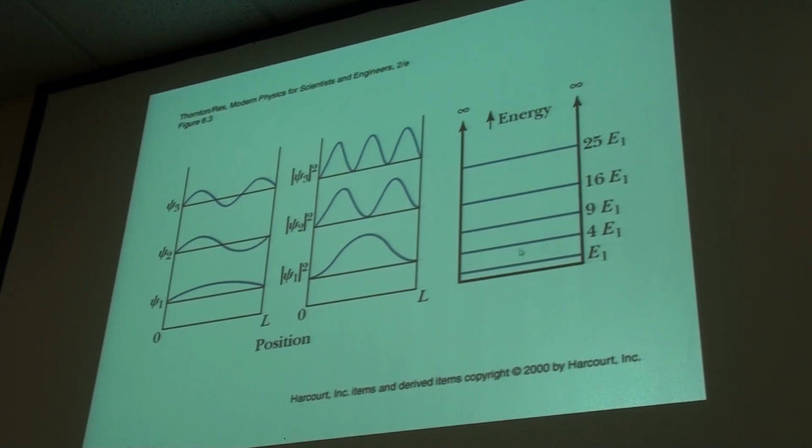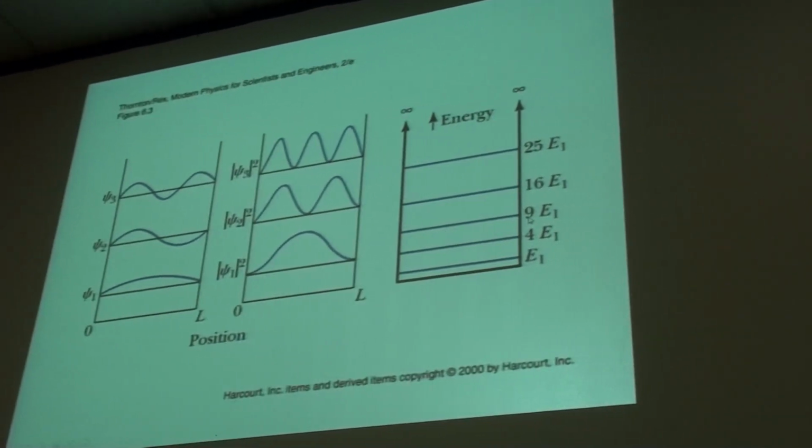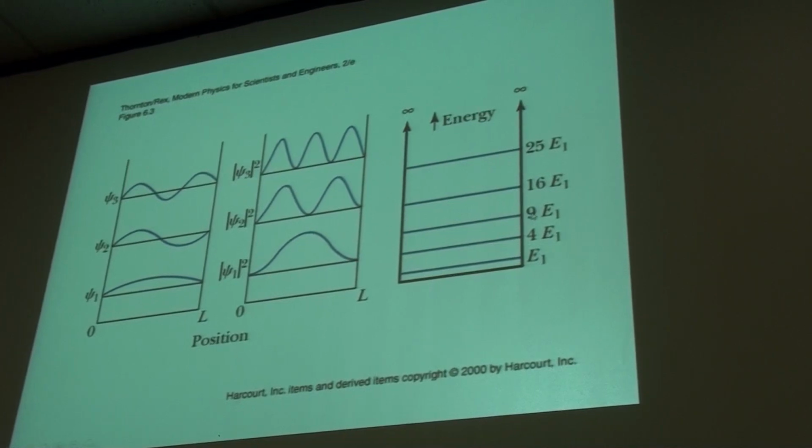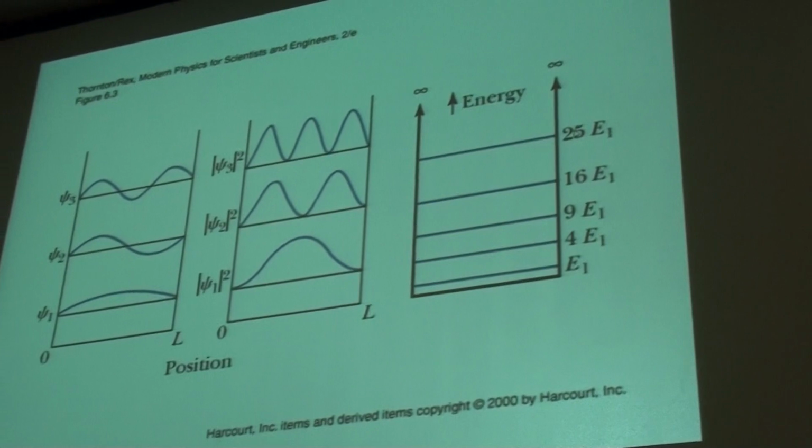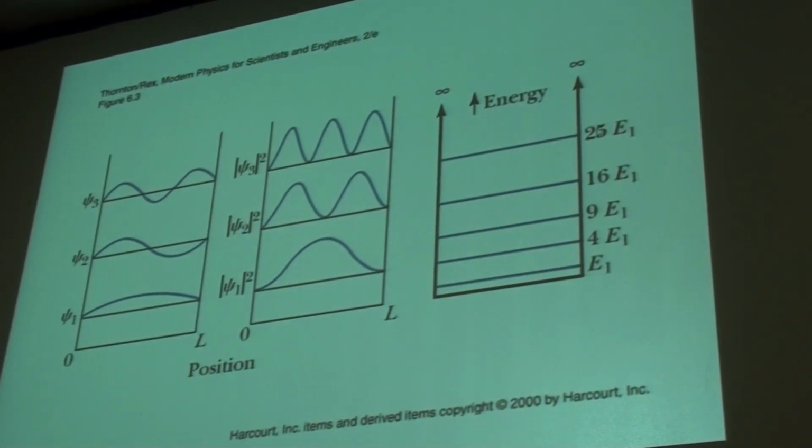Then the E2 would be 4 times E1, because it's n squared times E1. For n equals 3, 3 squared is 9 times E1, 4 squared is 16, 5 squared is 25.